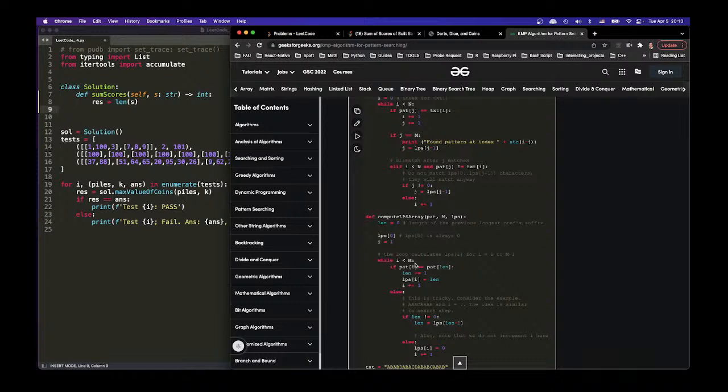What is length? Length is the previous size. What we compare is pattern[length], and pattern[length] is not equal to pattern[i], so these two are not the same. So if length is not equal to 0, then length equals LPS[length - 1].